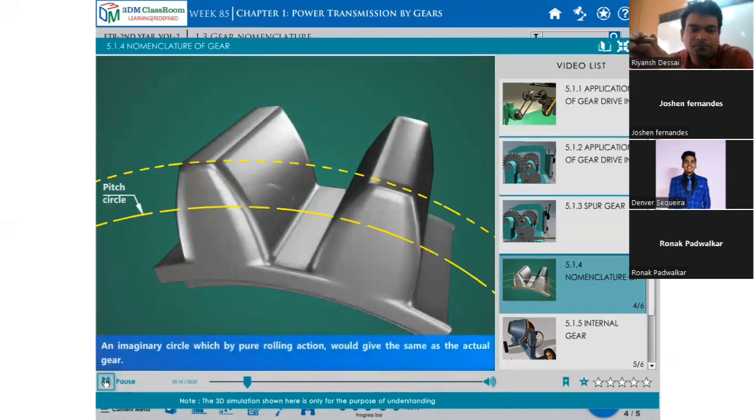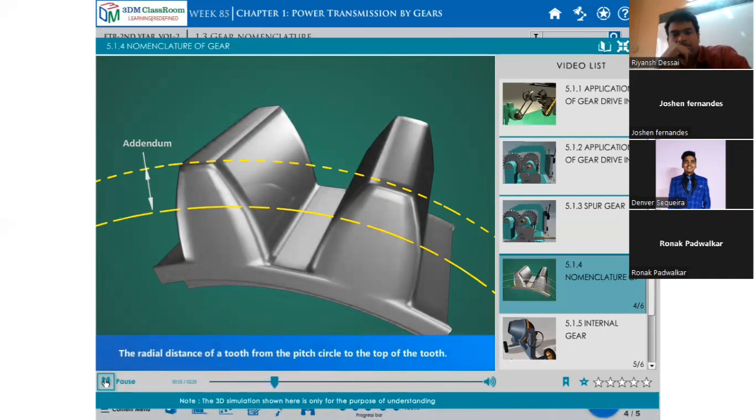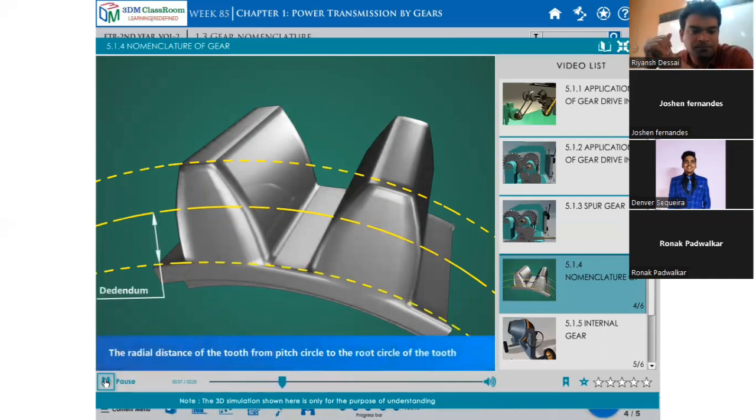Pitch circle, an imaginary circle which by pure rolling action would give the same motion as the actual gear. Addendum, the radial distance of the tooth from the pitch circle to the top of the tooth. Dedendum, the radial distance of the tooth from the pitch circle to the root circle of the tooth.